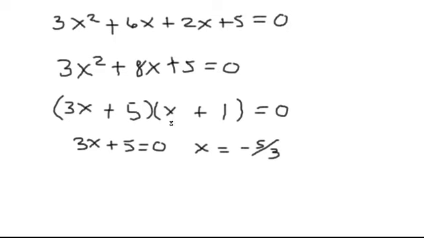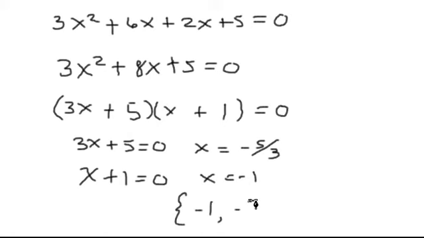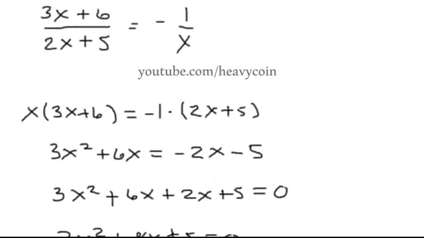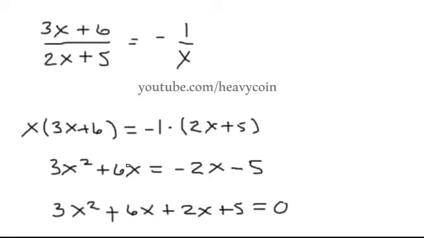And then, of course, this one here, x plus 1, setting it equal to 0, and we have our other solution. So our solution set is negative 1, negative 5/3. That is going to be our solution to our equation, which is right here.